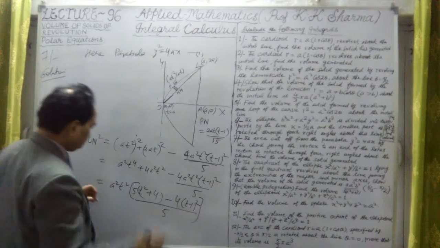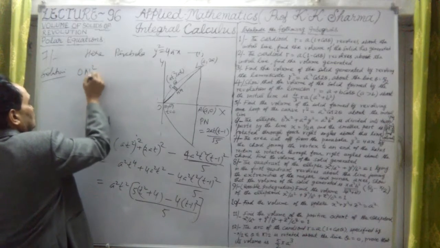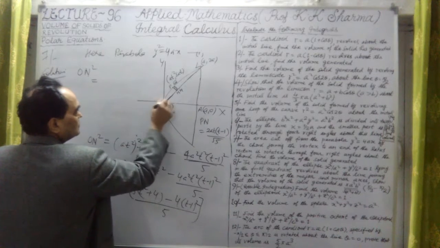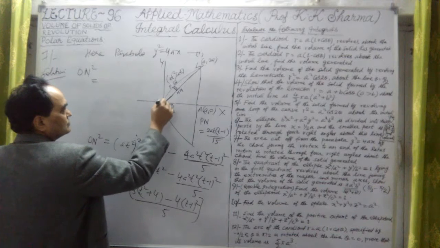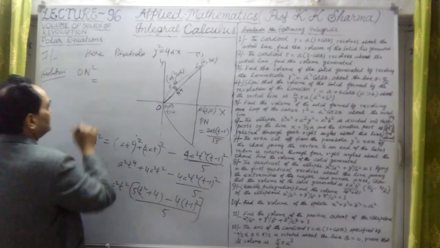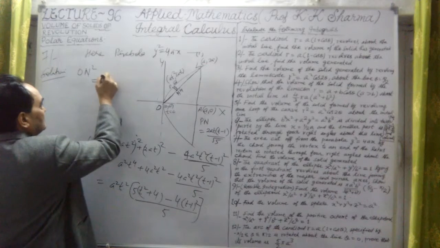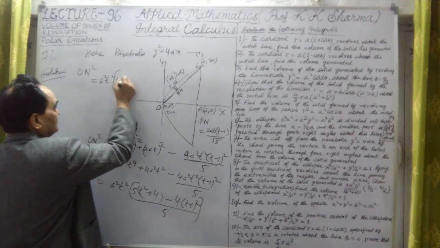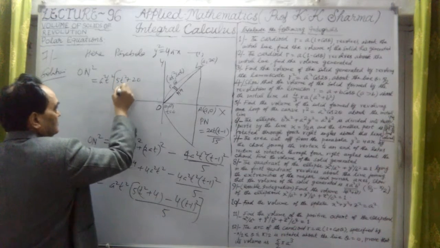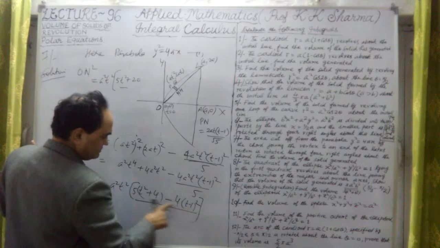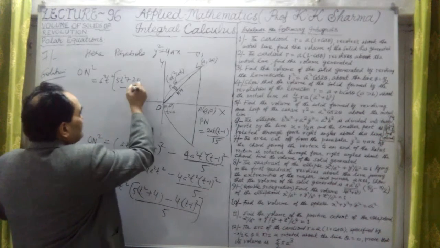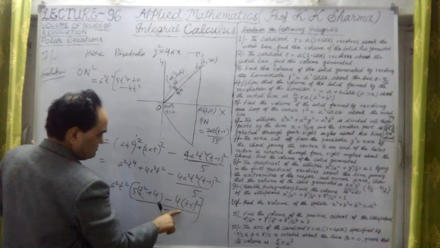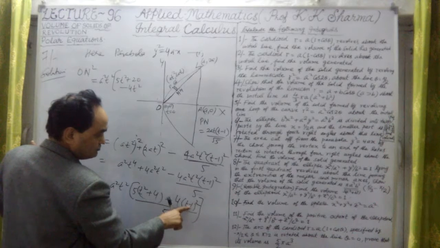ON square is equal to a square t square with a bracket, multiplying this: 5t square plus 20 minus 4t square, and this is t minus 1 whole square.